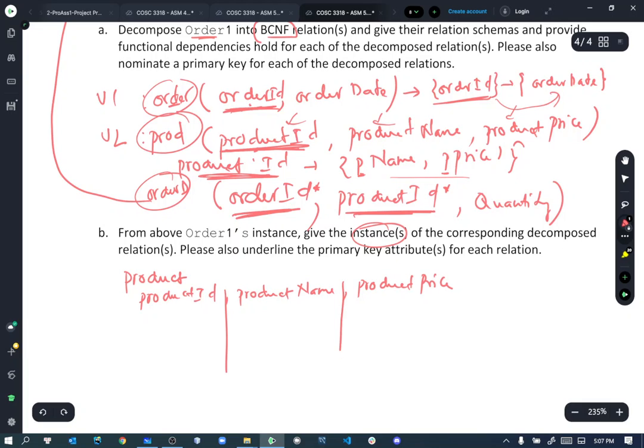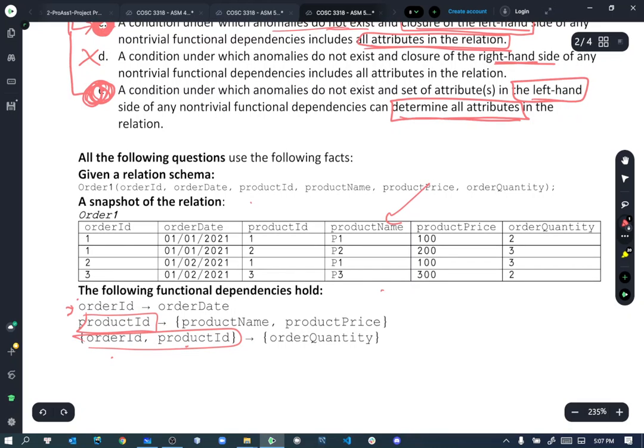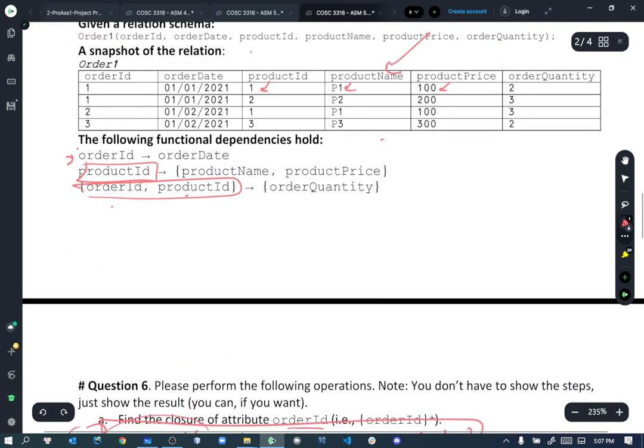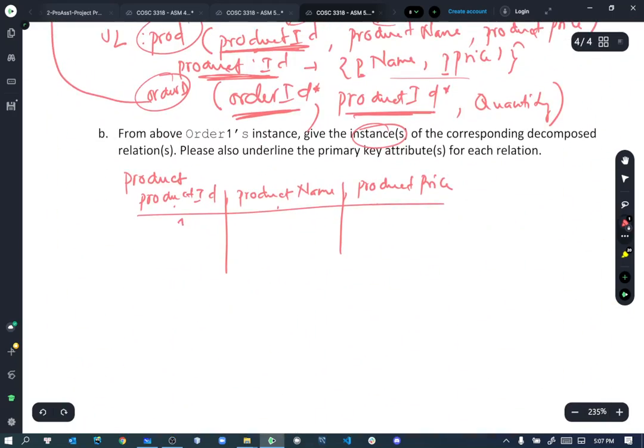So we will have product ID, product name, product price. You need to split product ID, product name, product price out. So from here we have product ID number 1, P1, 100. So you will have 1, P1, 100.